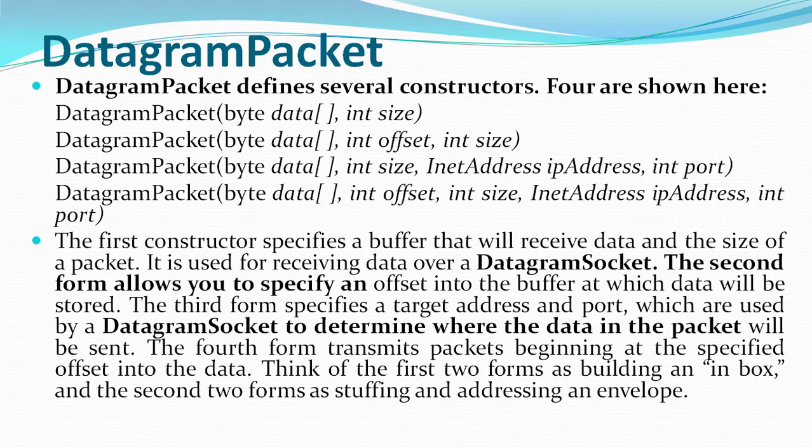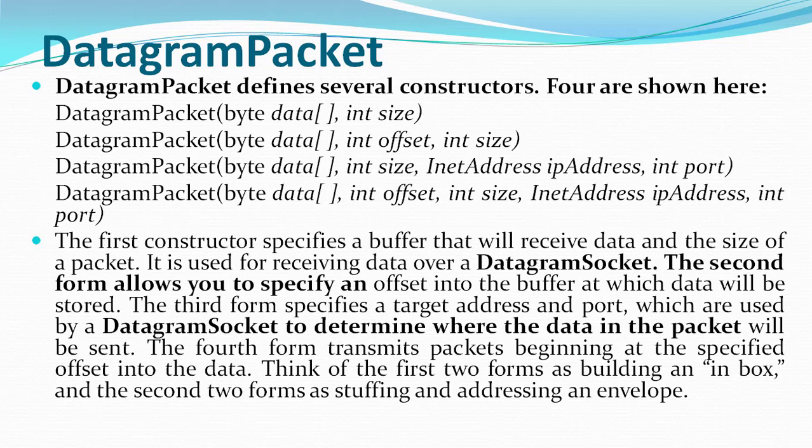The first constructor specifies a buffer that will receive data and the size of a packet. It is used for receiving data over a datagram socket. The second form allows us to specify an offset into the buffer at which data will be stored.